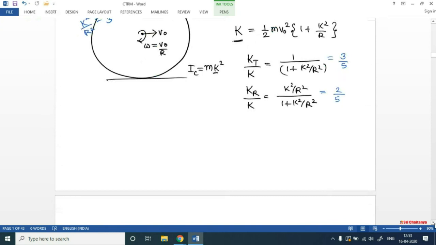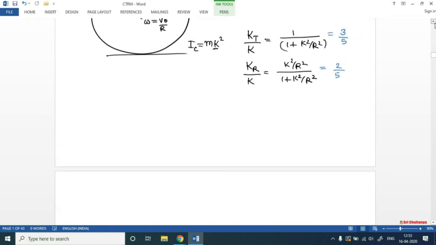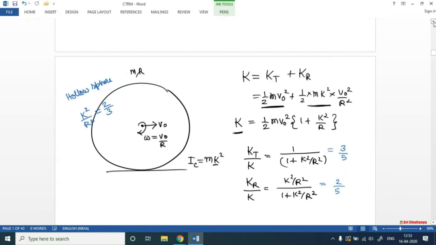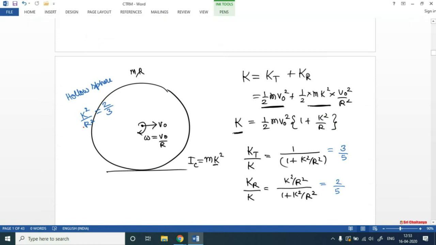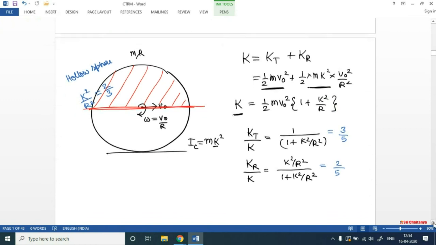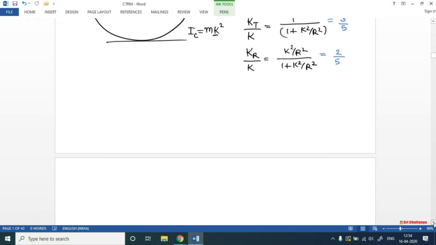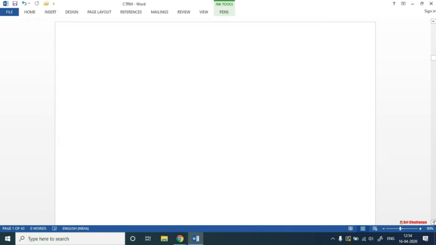One simple thing: for example, in the same question, if somebody asks what would be the kinetic energy of only the upper half of this hollow sphere at this instant, how will we deal with this problem? Let's try to figure it out.